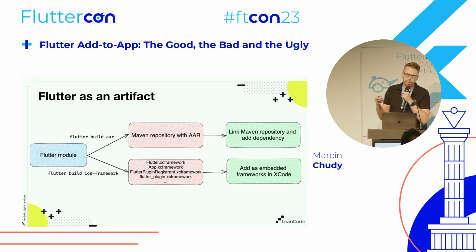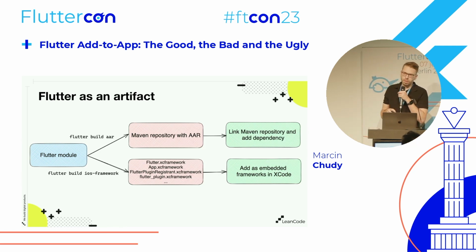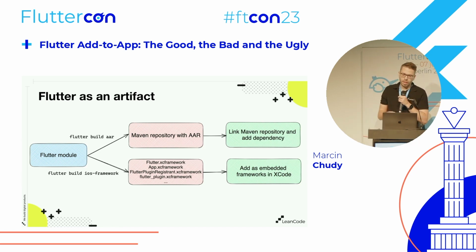We can then link it to the native project. On iOS, we can use flutter build ios-framework, which builds a bunch of Xcode frameworks: one for Flutter, one for your app code, one for each plugin that uses native code, and also a Flutter plugin registrant, which registers all those plugins. And you can add those as embedded frameworks in Xcode.